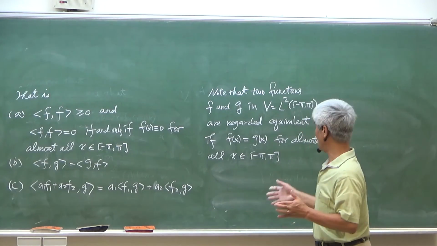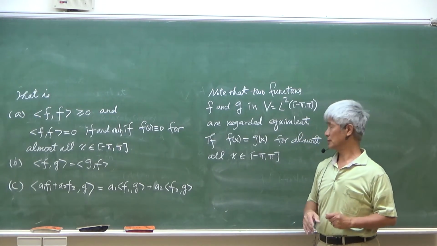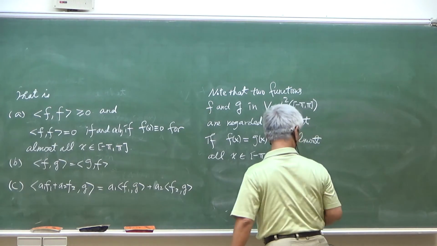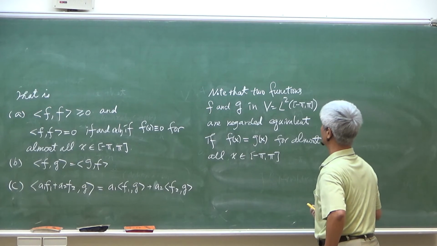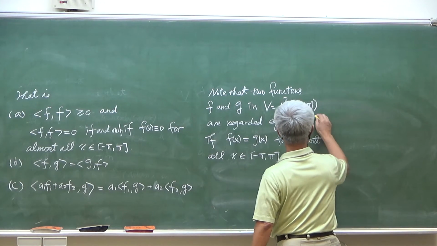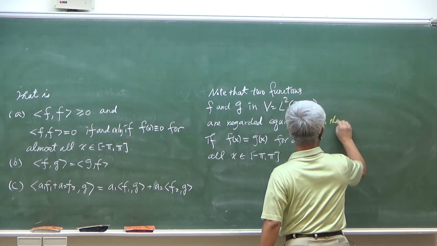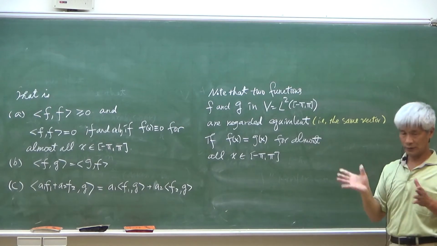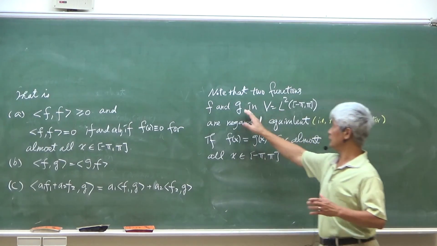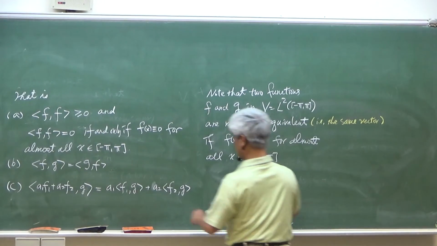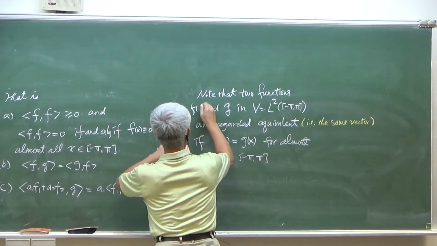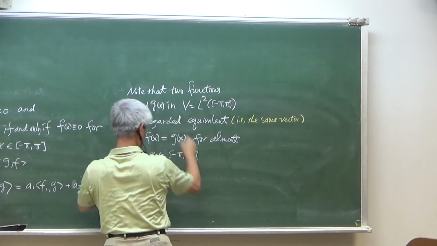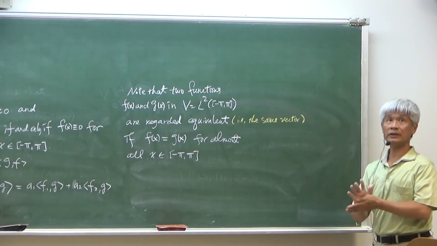Essentially, we regard them as the same vector. Okay, so f and g are the same vectors.